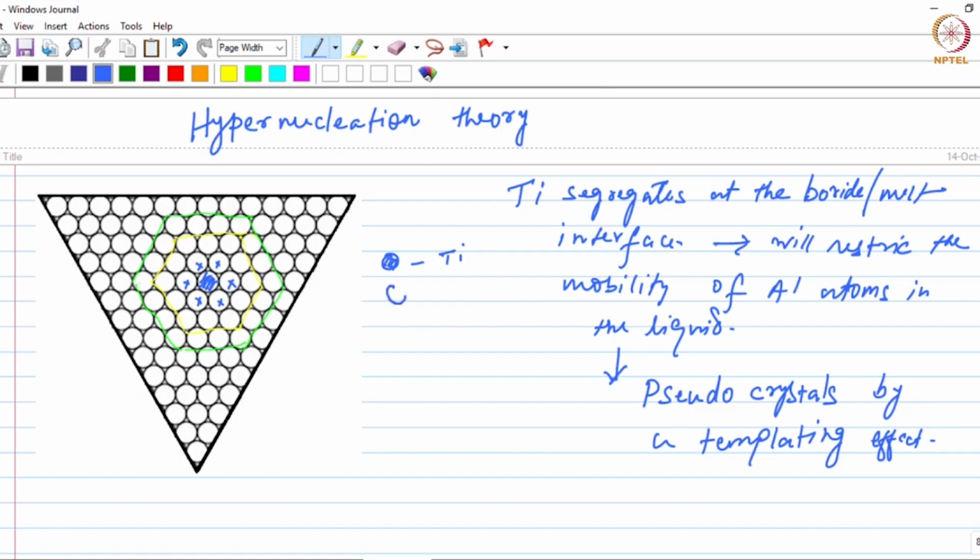So this type of atoms will be called the atoms fixed by titanium atoms. So these are the aluminium atoms fixed by titanium atoms.